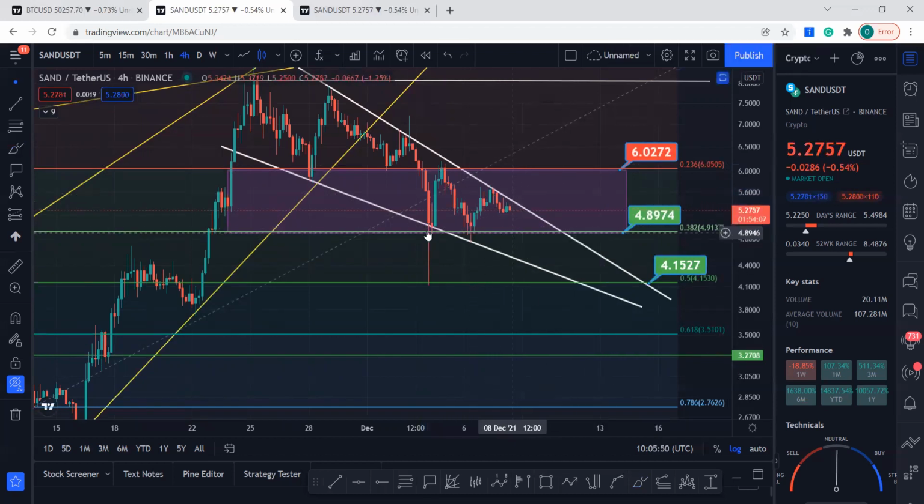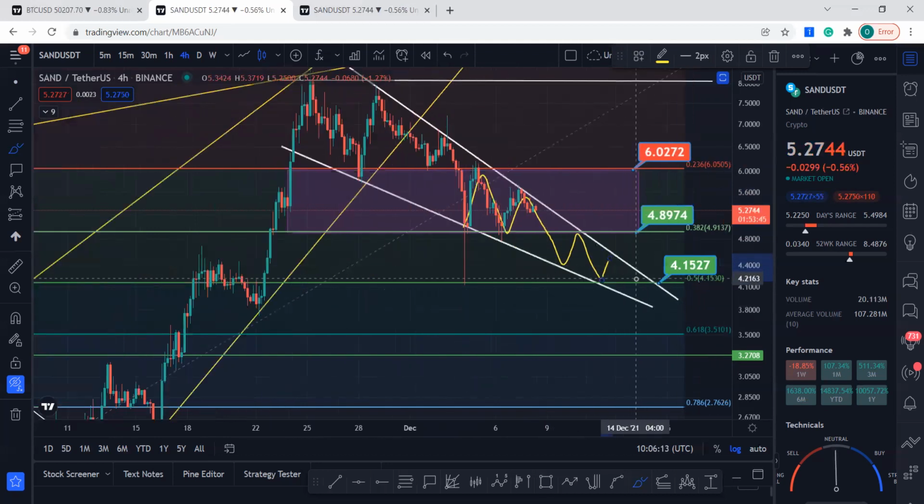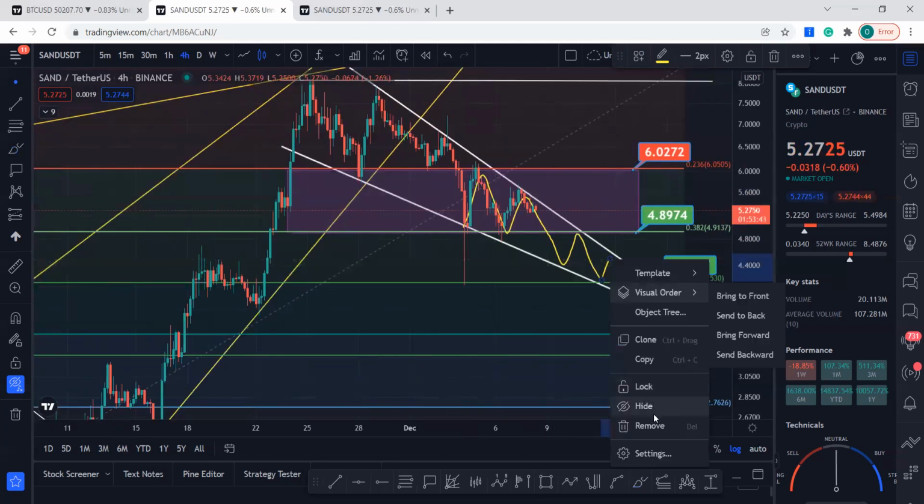But if it breaks this, it's going to do something like this, then come down here, okay, and then come back to it. And if it holds this, because we are coming very close to the apex of the wedge, so we can probably have some accumulation in this zone and then breakout.